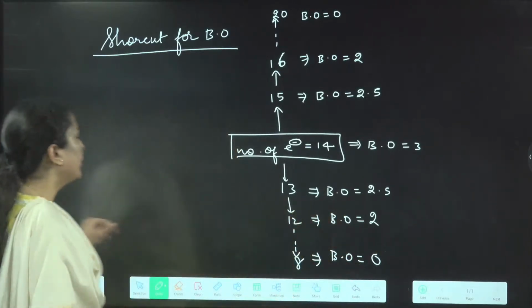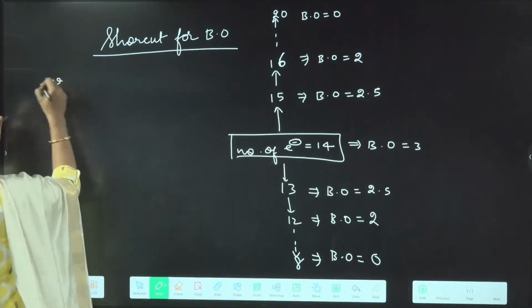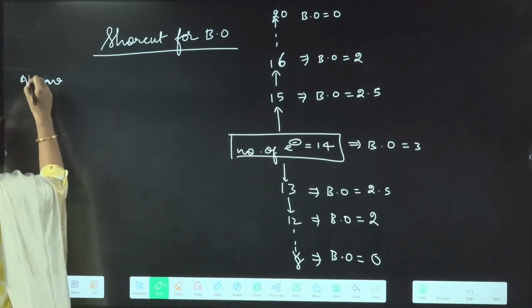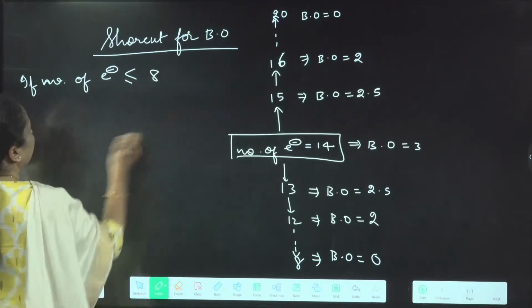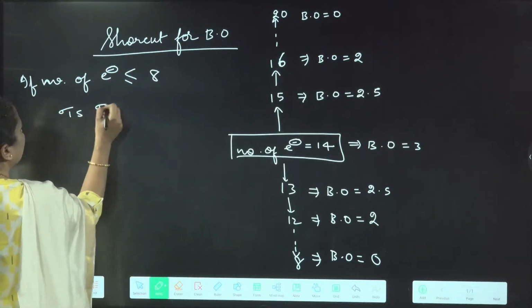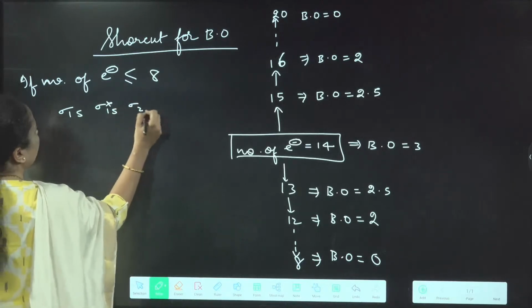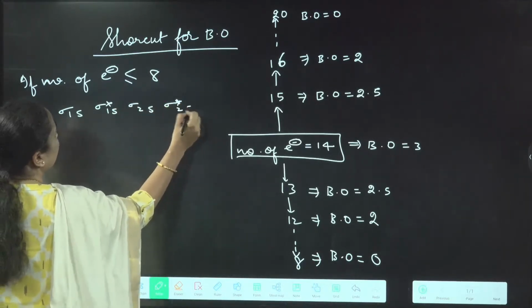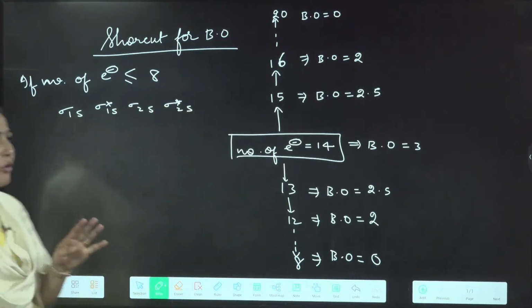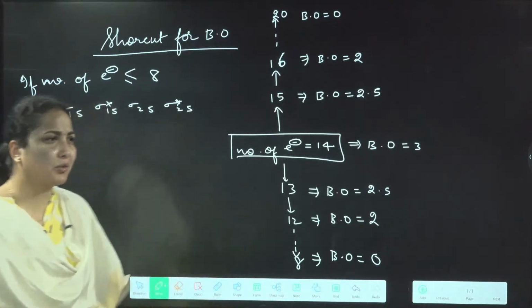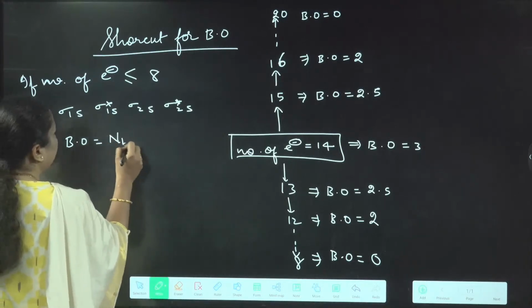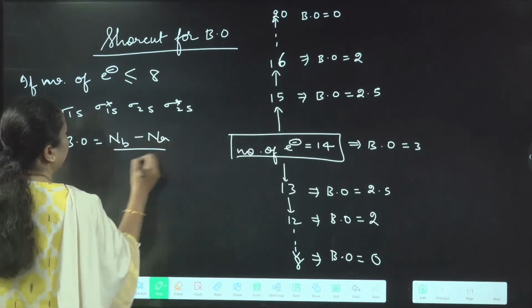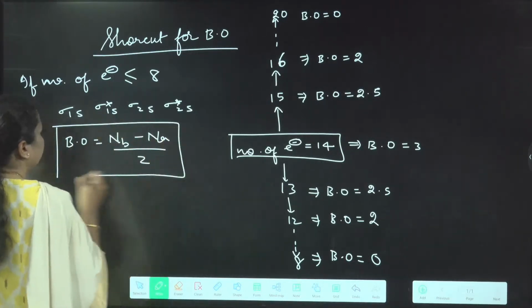Now, if the number of electrons is lesser than or equal to 8, then you can simply use sigma 1s, sigma star 1s, sigma 2s, sigma star 2s, because ultimately you just require 4 molecular orbitals to fit in 8 electrons at max. And then you can simply calculate the bond order as (NB minus NA) by 2. That's how you do it, right?